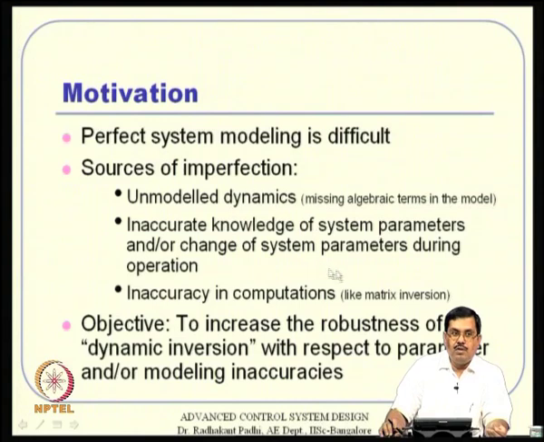For example, if your aircraft is flying, fuel is continuously burning out, and exactly predicting how much fuel is gone is difficult. Take passenger movements inside the aircraft: even if the mass remains constant, the distribution of mass is different, and hence the moment of inertia keeps on changing. These are issues that come into the picture.